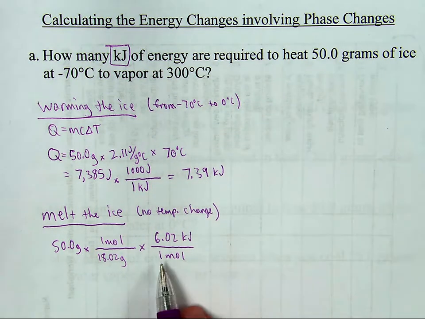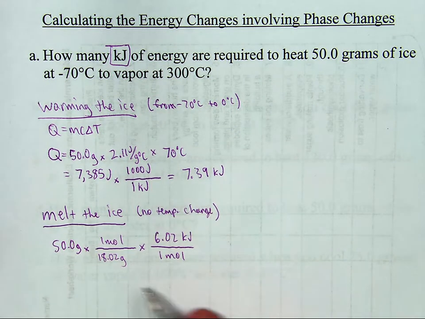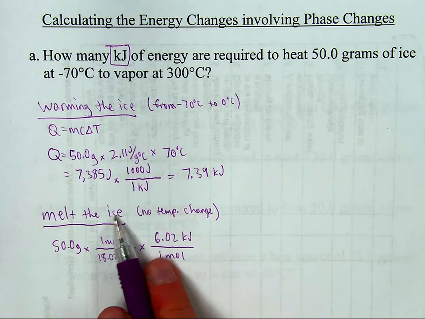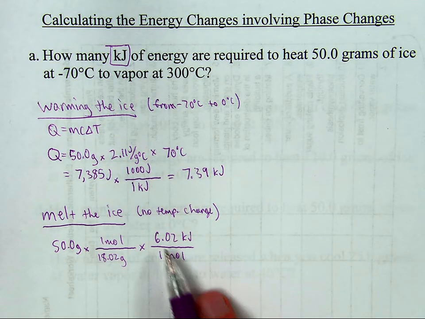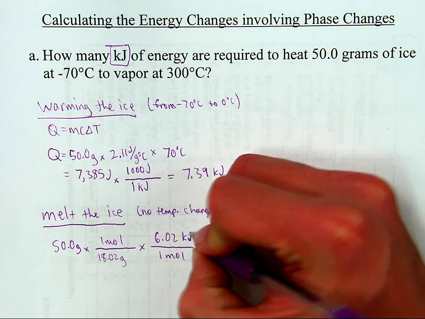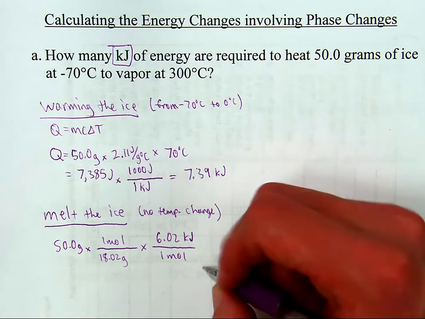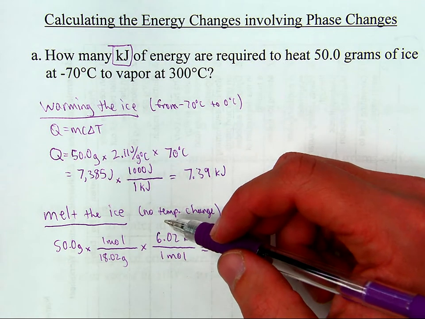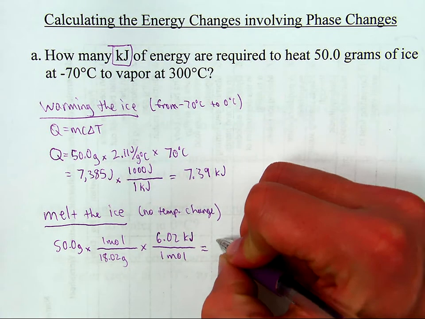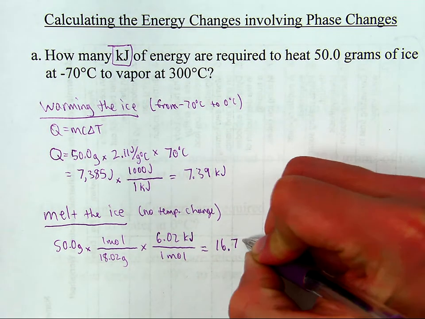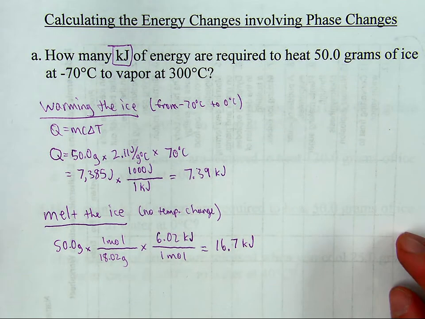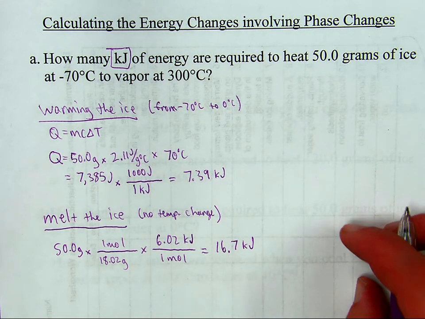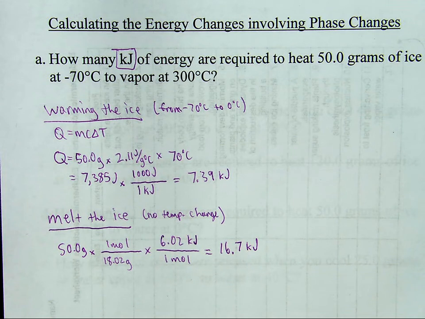And by the way, I should also mention that so far all these numbers are positive because you're warming the ice, which means a positive delta T. And when you melt it, you're adding energy, which means a positive number of kilojoules, which means a positive answer so far. Okay, so this will give an answer in kilojoules as desired, and the answer comes out to 16.7 kilojoules. Alright, now that brings it to the next piece.